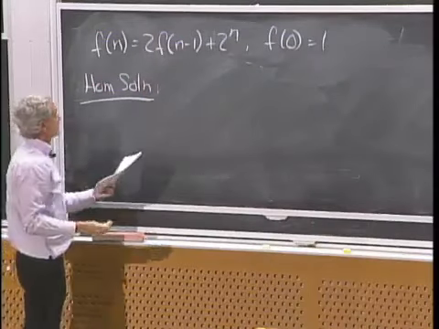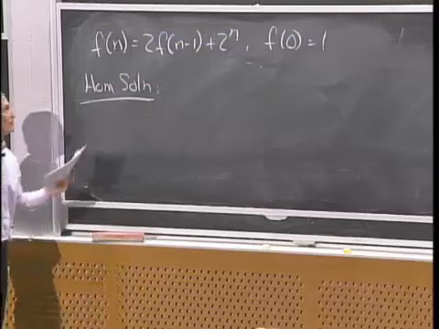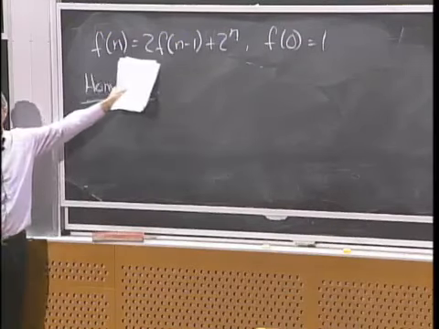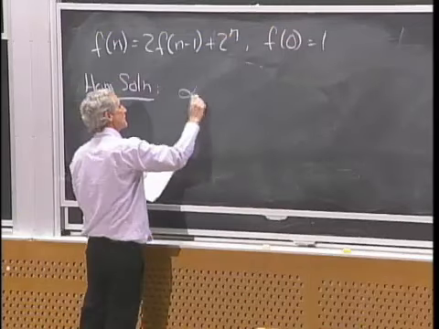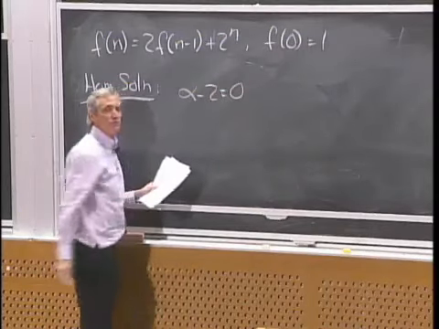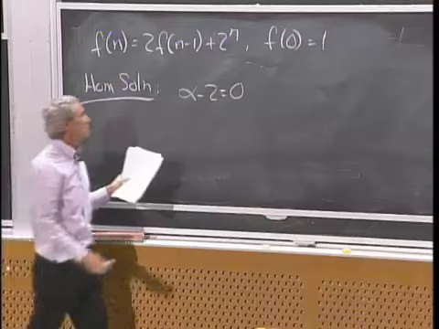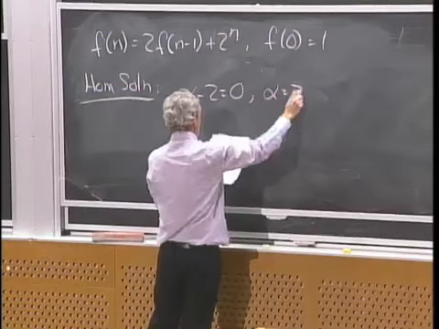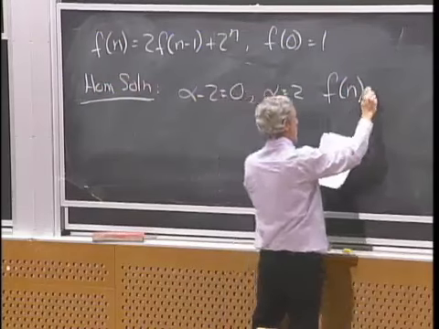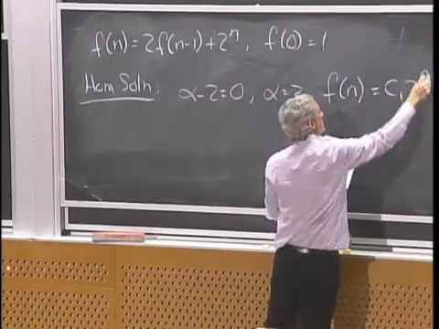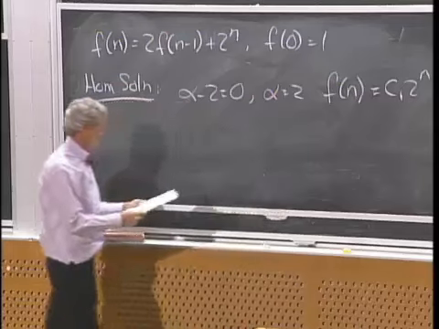Okay, so what's the characteristic polynomial? Alpha minus 2 is 0. What's my root? 2. And therefore, my homogeneous solution is c1 times 2 to the n. That's pretty simple.